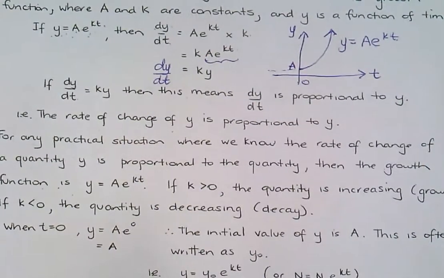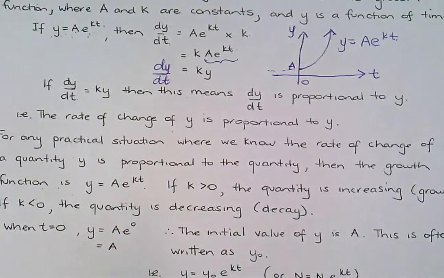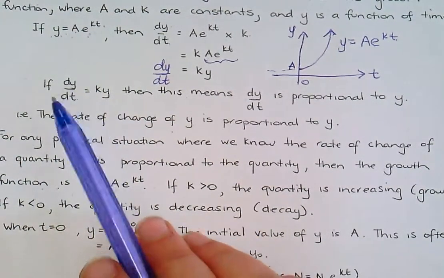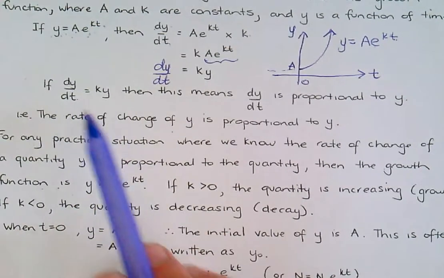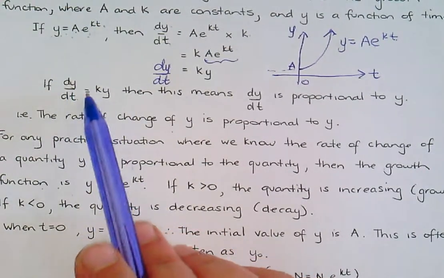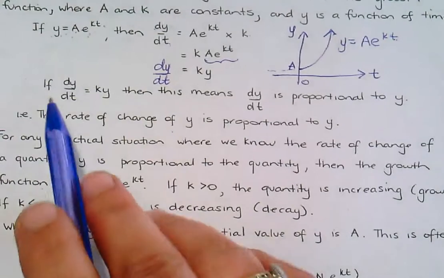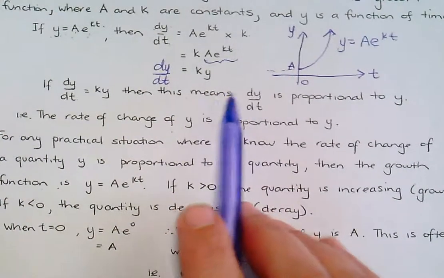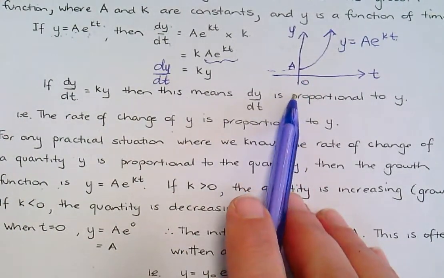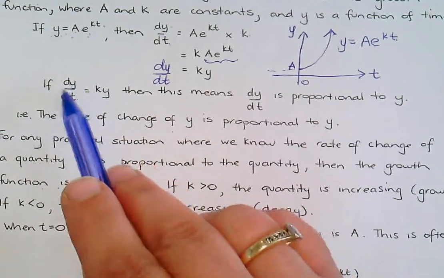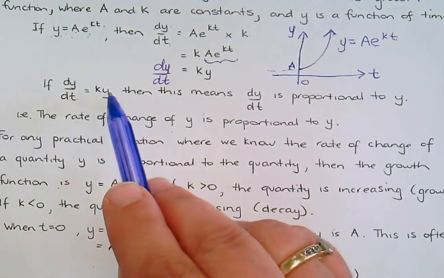Therefore dy/dt is equal to ky. If we look at the exercise we did on rates of change, dy/dt is the rate of change of y with respect to t. So if dy/dt equals ky, then, when you studied proportion, I think back in year 10, it means that dy/dt equals some constant times y. k is just a constant.